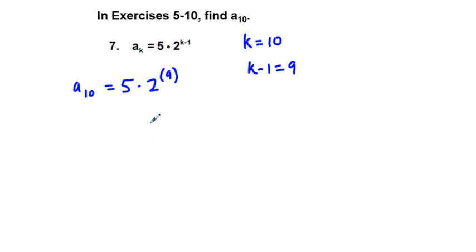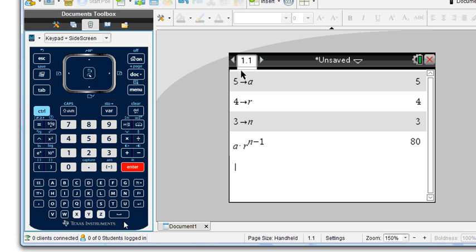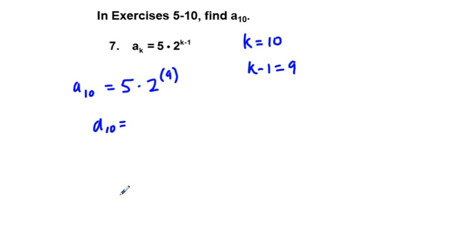We could do this in our head if we wanted to, but I don't feel like it today. So a sub 10 is equal to 5 times 2 to the power of 9. So we get 2,560. There it is, a sub 10.